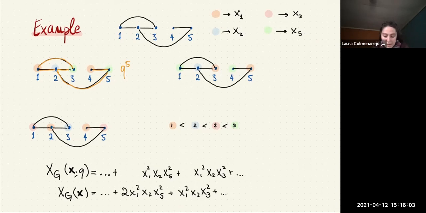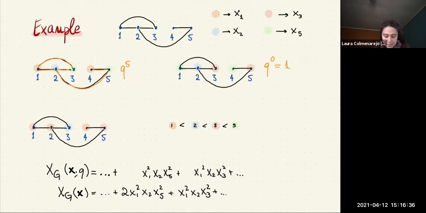If I do the other example that I have on the right, now we see that 5 is the largest, so none of these ones are counting. Neither is this one going to count. But if I look at the vertices 2 and 3, then I also have that the blue color is larger than the orange, so that one is not counting. And the same happens with this one. So here I actually have that none of them is counting, so I have q to the 0, which is just going to be 1.